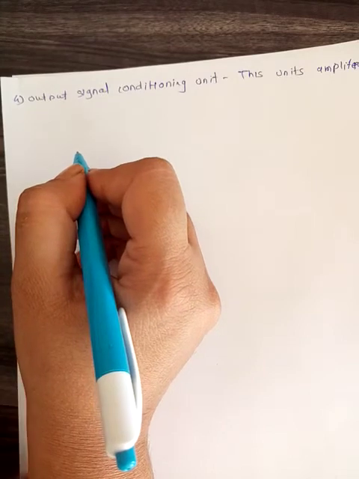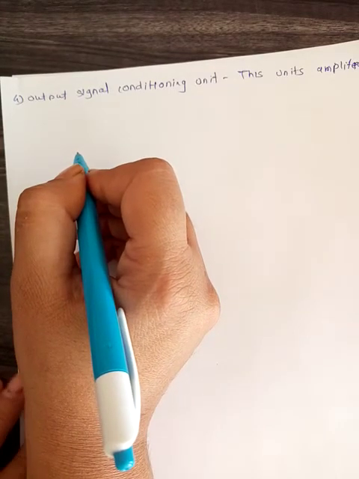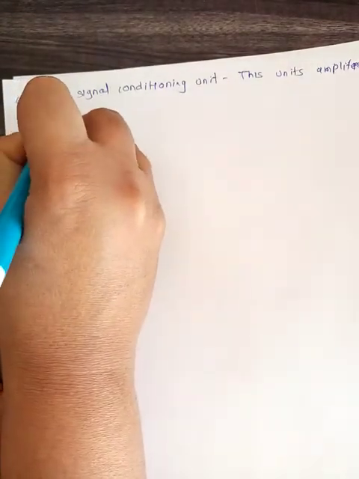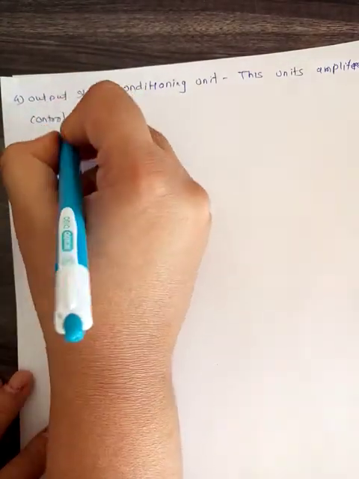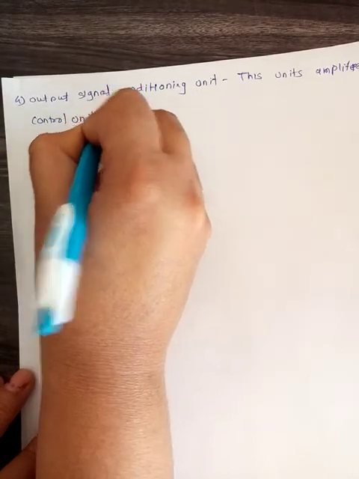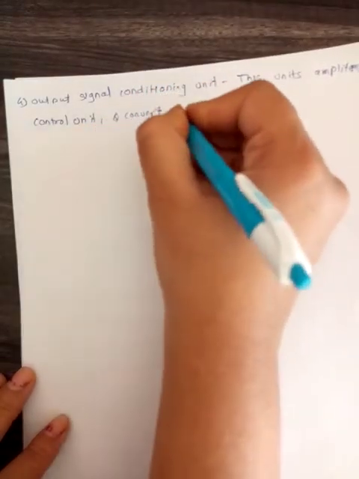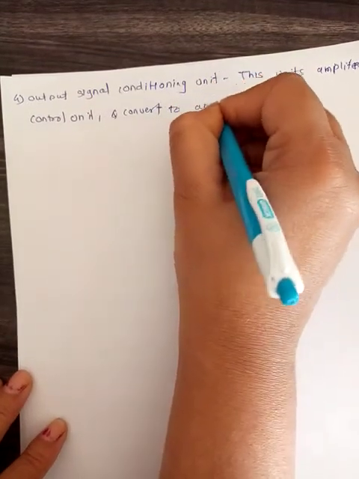These units amplify the control unit signal and convert it to analog form.